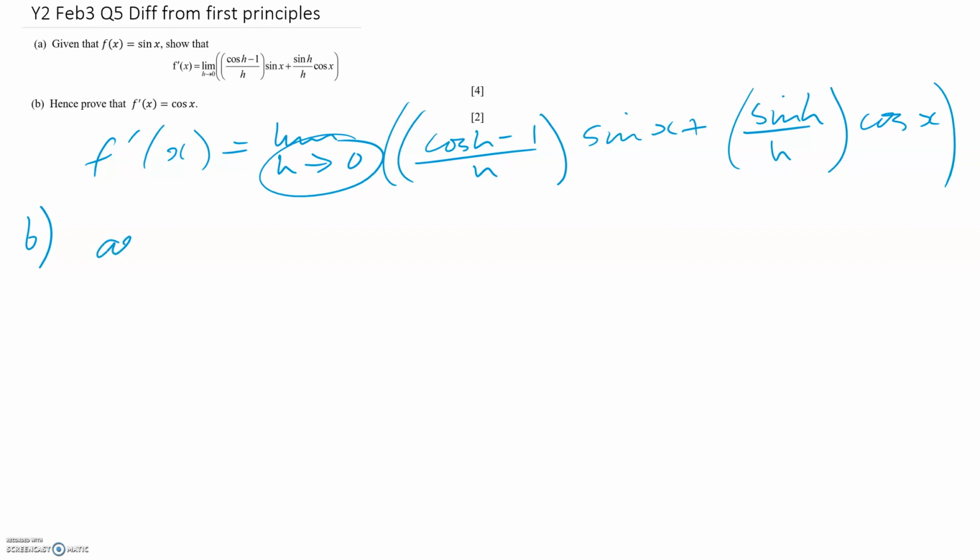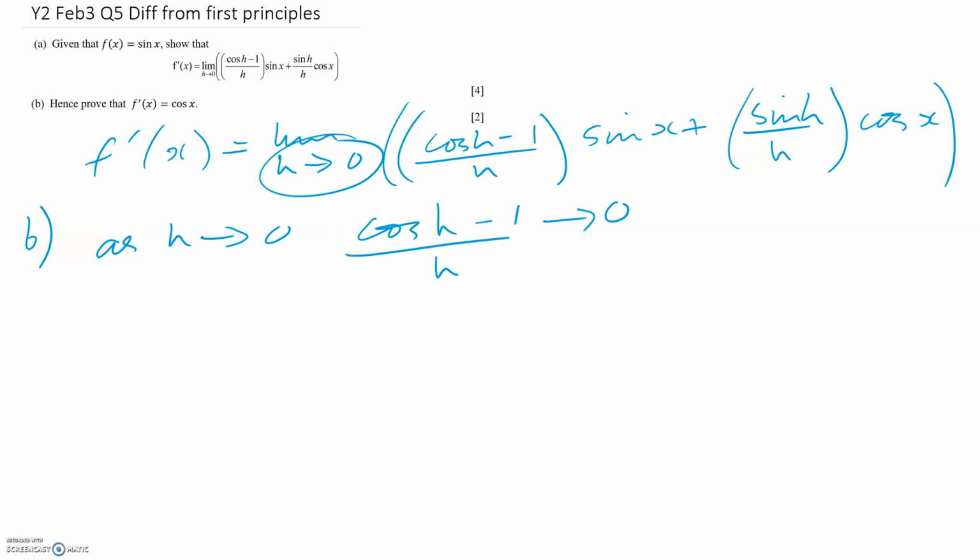As h goes to 0, cos h minus 1 over h will tend to 0. Now, if you didn't know that, then there's lots of ways of showing this. One way is to just substitute a very small value of h into the whole expression, so 0.0001 for example. Make sure you're in radians, and you should get an answer very close to 0.